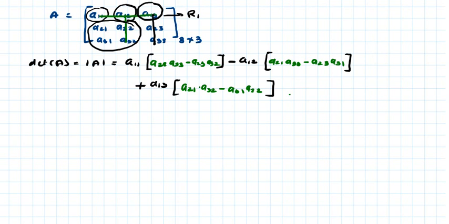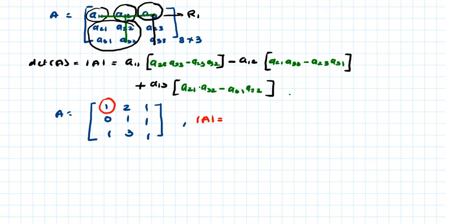For example, suppose I have the matrix 1 0 1, 2 1 3, 1 1 1, and I need to find the determinant of this matrix A. So the determinant of this matrix A will be denoted by mod of A, and it will be, now where is the first element? This is the first element, so I will write here 1 into, what will be the next term?